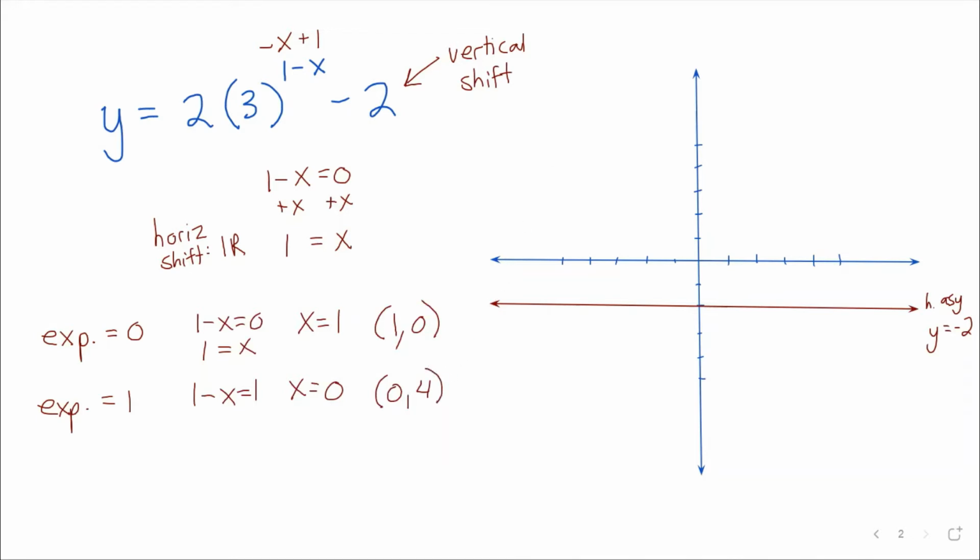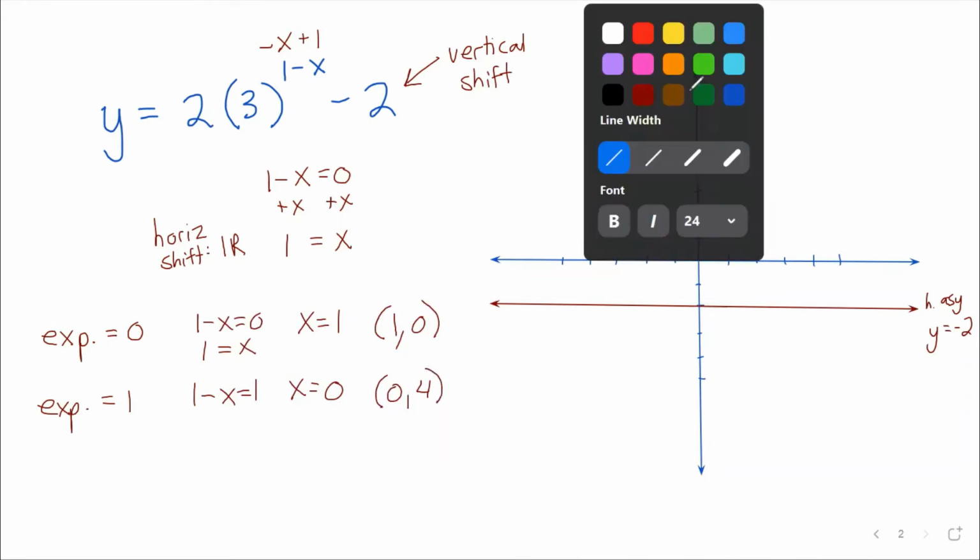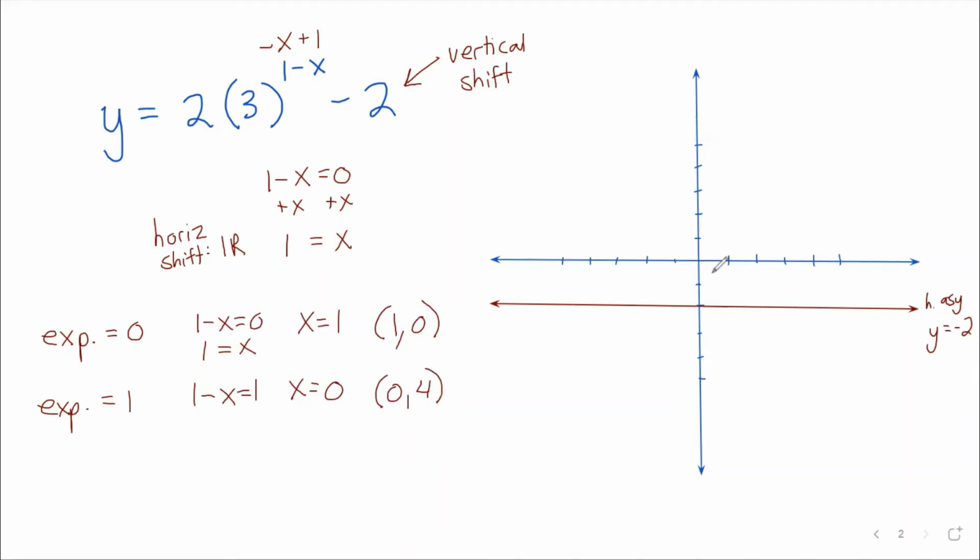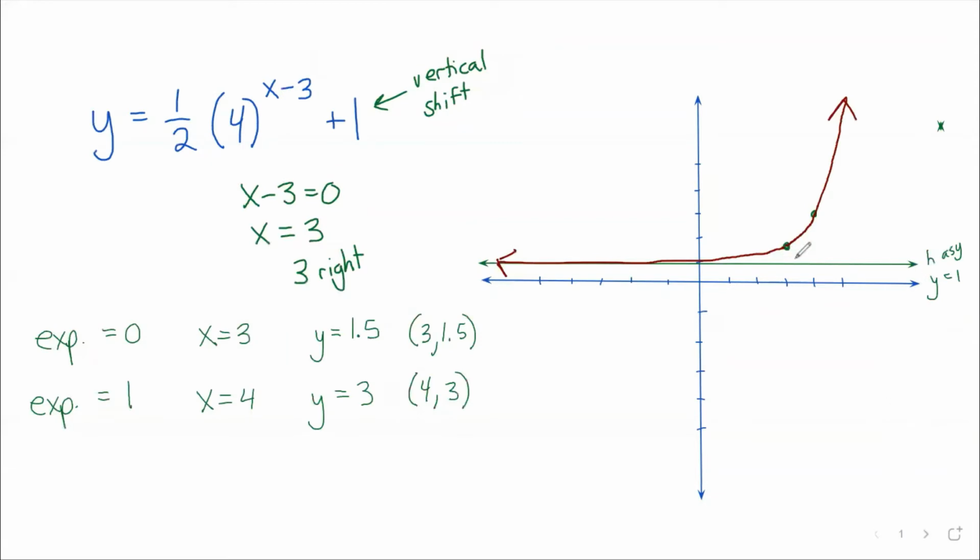All right, so let's see what we've got. We can put in these 2 points. We've got 1, 0. X is 1, y is 0. And when x is 0, y is 4. So this looks different from our previous graph because the last one that we did, of course, the point on the right was higher.